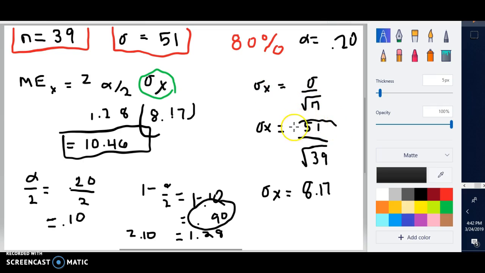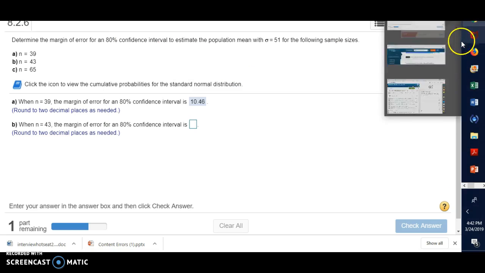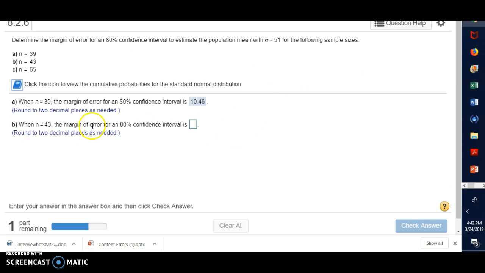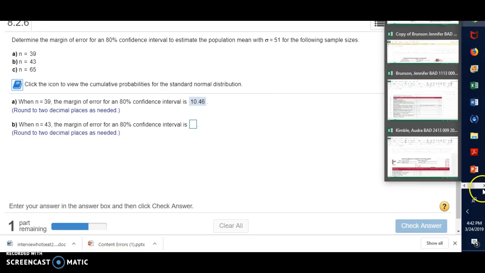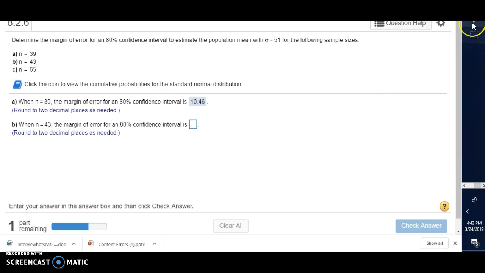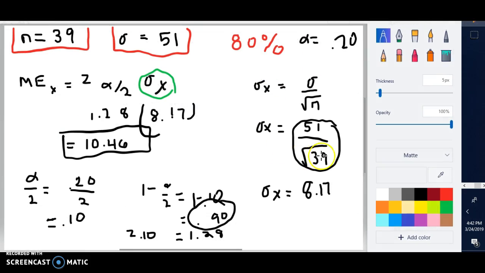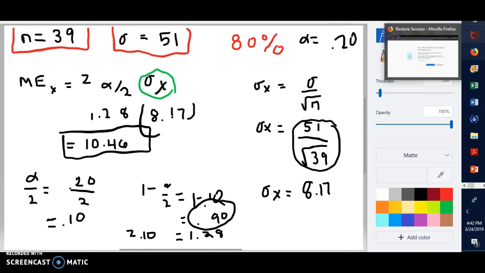So right here, when you do 51 divided by the square root of 39, you're going to do the square root of 43 there. So that number will change. I believe that's what we just said. Let me make sure.